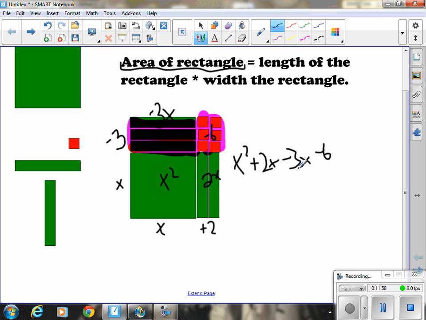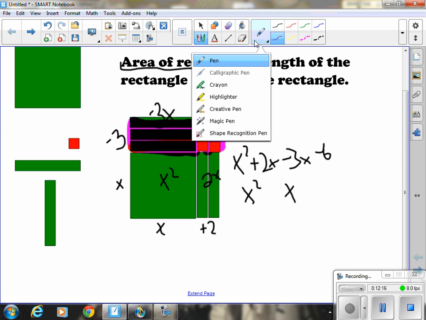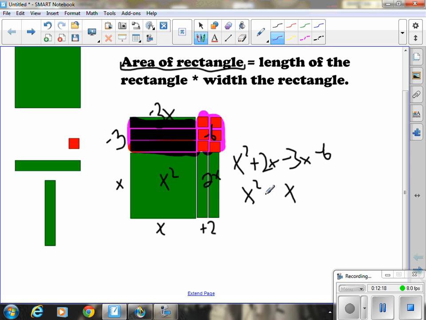Now I need to combine those terms in the middle, my linear terms. So it's really, I had positive 2x boxes and I had negative 3x boxes. So that just makes negative x boxes. And I'm not going to write plus negative. Let me fix that. I'm going to write minus. That's the same thing. x squared minus x minus 6.